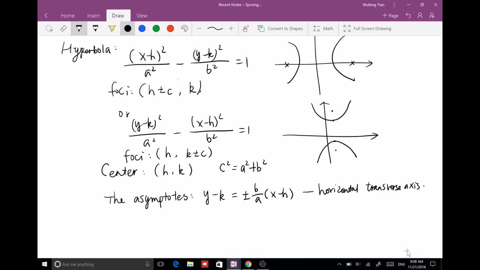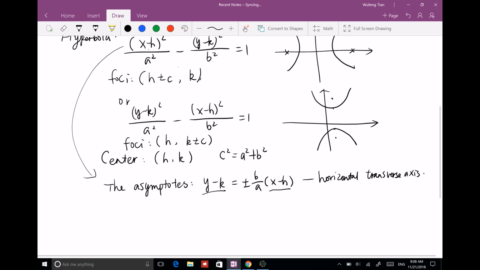It's very easy to see which one goes over which: you have y minus k and x minus h. For the other one, the asymptote is y minus k equals plus or minus, but the value corresponding to the change in y is a, and the change in x is b, times (x minus h). This one is the vertical transverse axis.